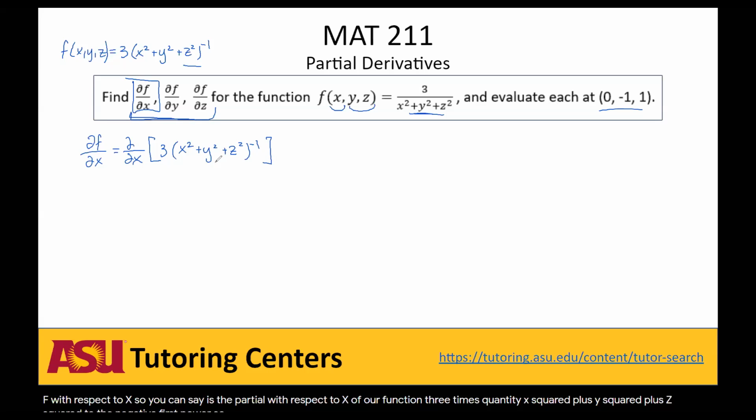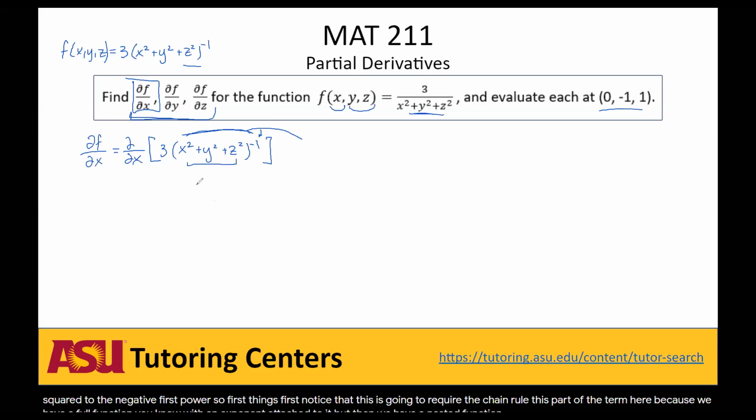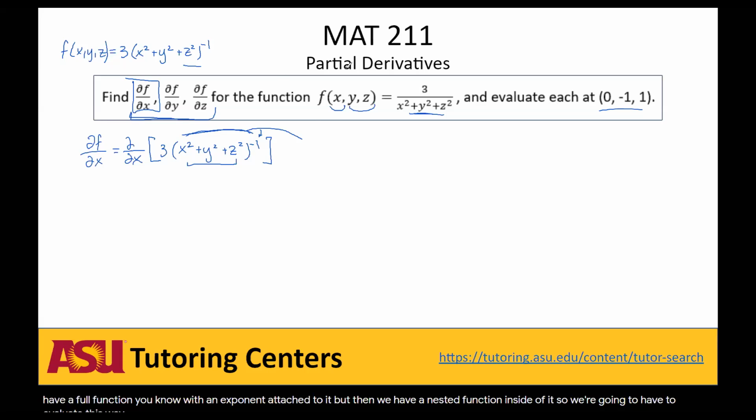So first things first, notice that this is going to require the chain rule, because we have a full function with an exponent attached to it, but then we have a nested function inside of it. So we're going to have to evaluate this with the chain rule. And we'll write this out explicitly so that it's not too confusing.